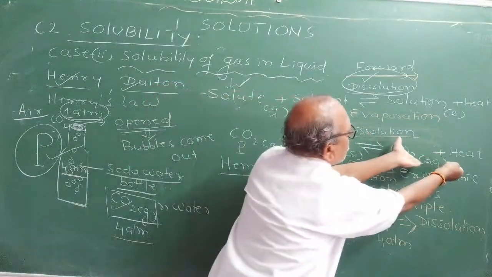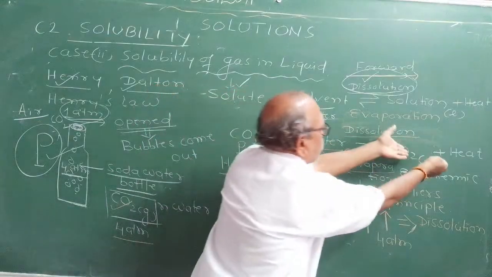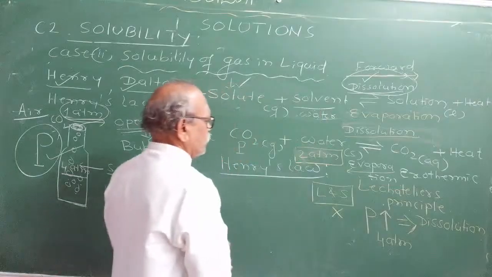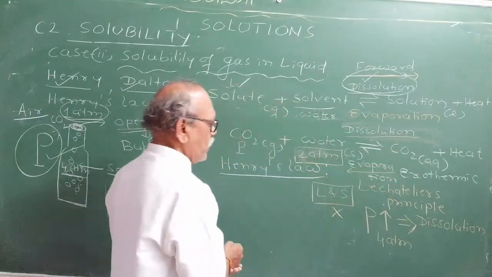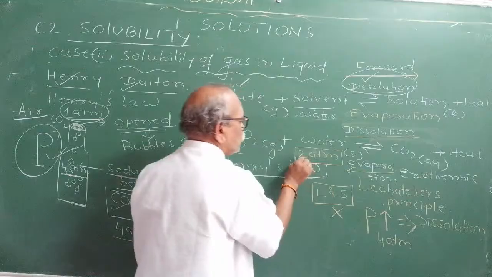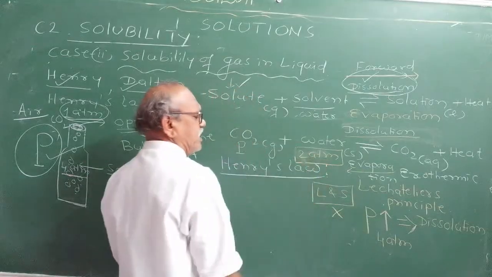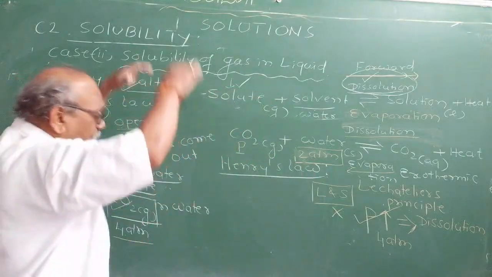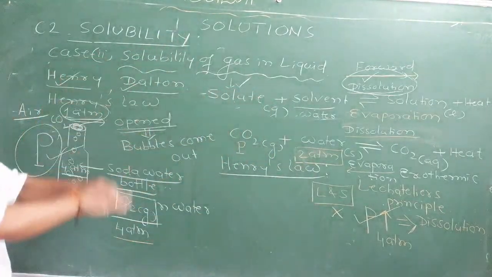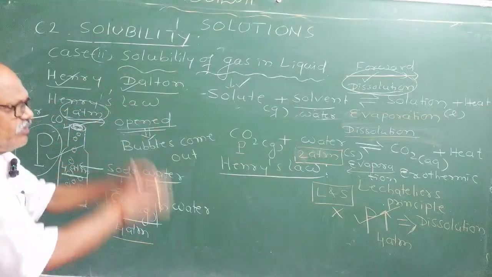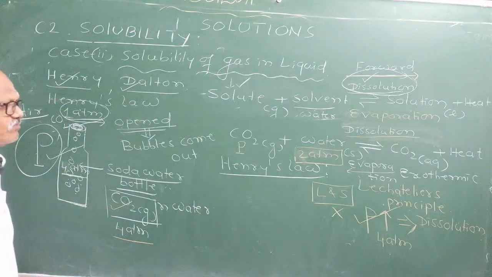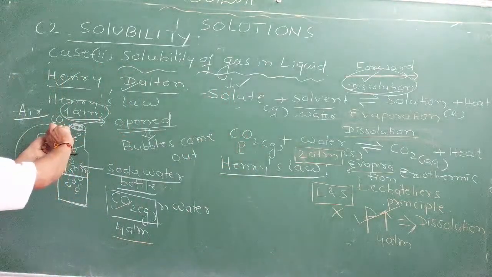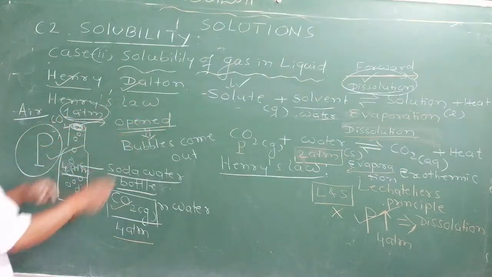When there are no gases on the product side, the equilibrium shifts in what direction? Forward direction. Then the pressure will decrease to 2 atmosphere, equilibrium is attained. Therefore, Henry and Dalton observed that as the pressure increases on a solvent like water, dissolution will be more.